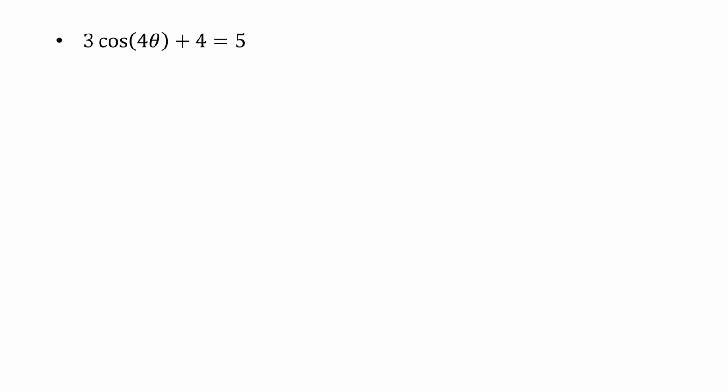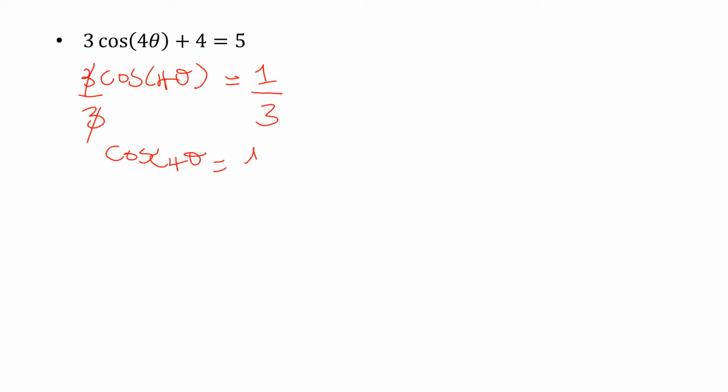3 cos 4 theta plus 4 equals 5. Now we're going to subtract 4 from both sides, and we have 3 cos 4 theta equals 1. After this, we're going to divide both sides by 3 to cancel the 3 on the left hand side, and we have cos 4 theta equals 1/3.